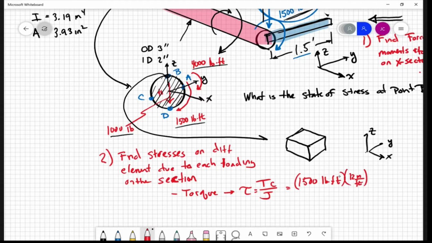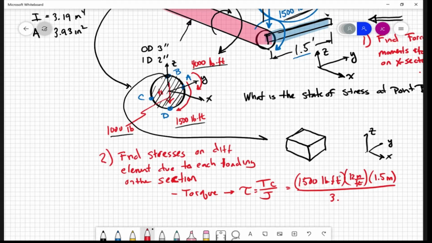C is the outer radius, 1.5 inches, and that's all over J, which is the 6.38 inches to the fourth.